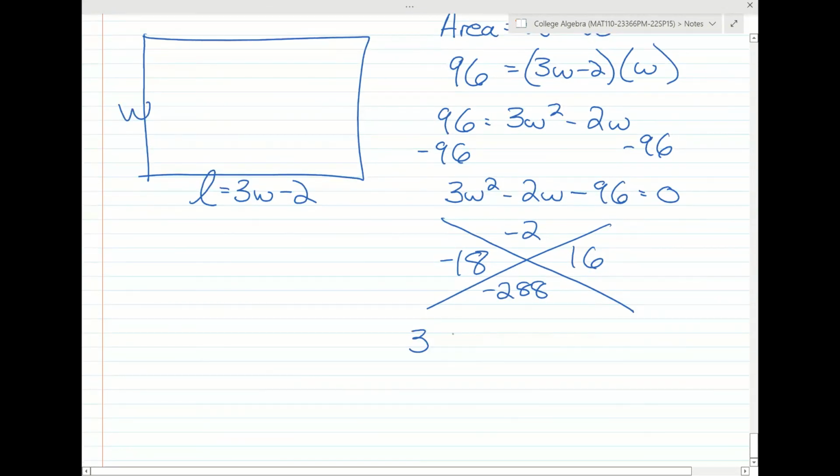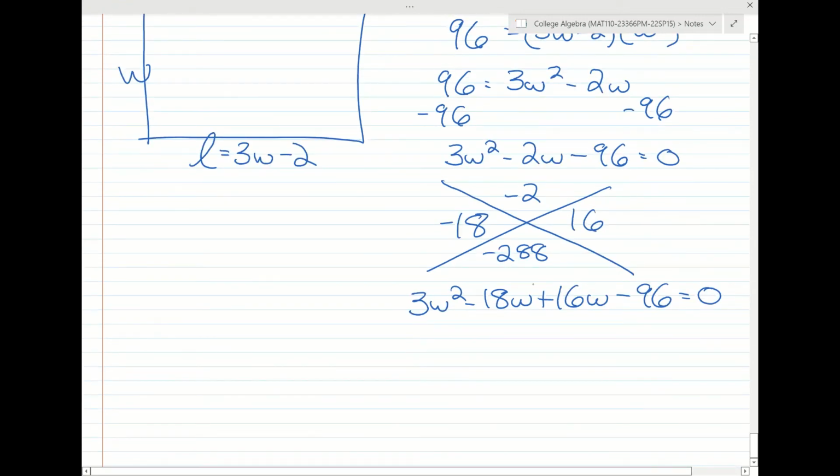This would be 3w squared minus 18w plus 16w minus 96. Cut it down the middle. We could take out a 3w and we have w minus 6. Take out a 16, w minus 6.